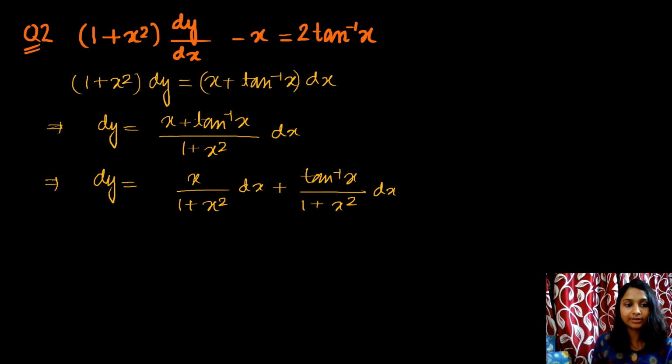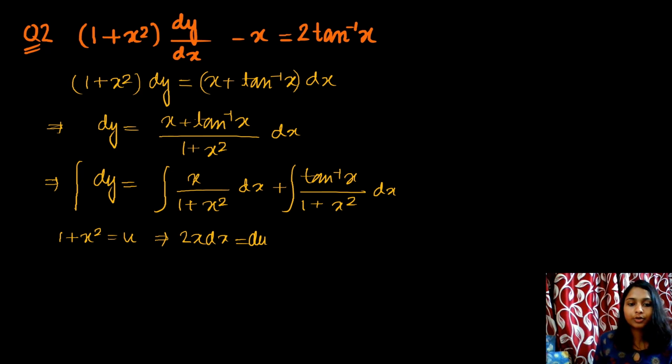Now we can integrate this here and here. For the first term, we can use 1 plus x square equals u, and after that we are going to use the substitution method of integration. So it will give 2x dx equals du. Therefore, we will have x dx equals half du.